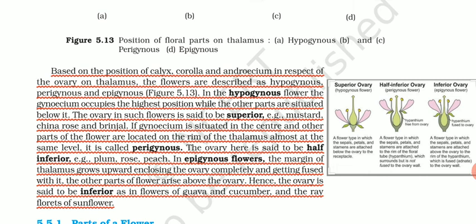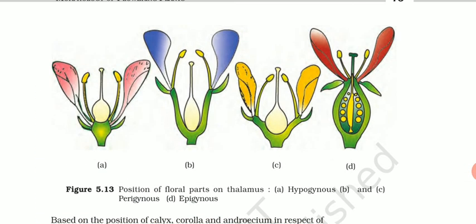Now coming to the third, you can see picture D. All the other parts are present totally above the ovary and even fused with the female part, that is the gynoecium. Sepals, petals and male parts are shorter in size and fused with the gynoecium, and the ovary is enclosed by them.